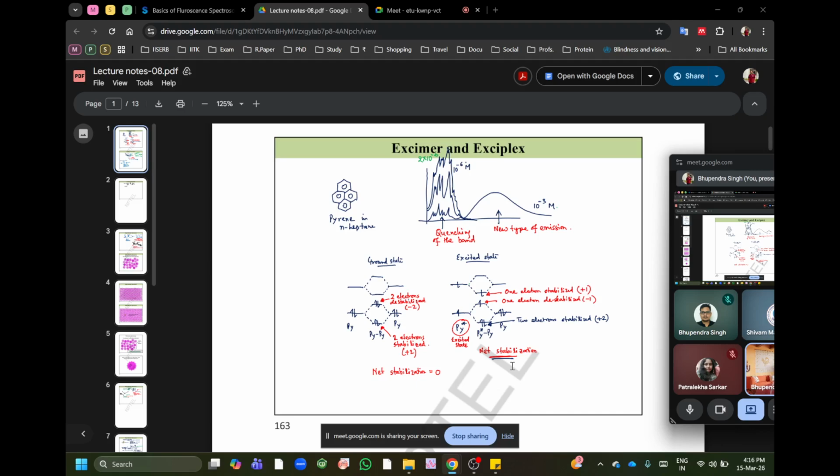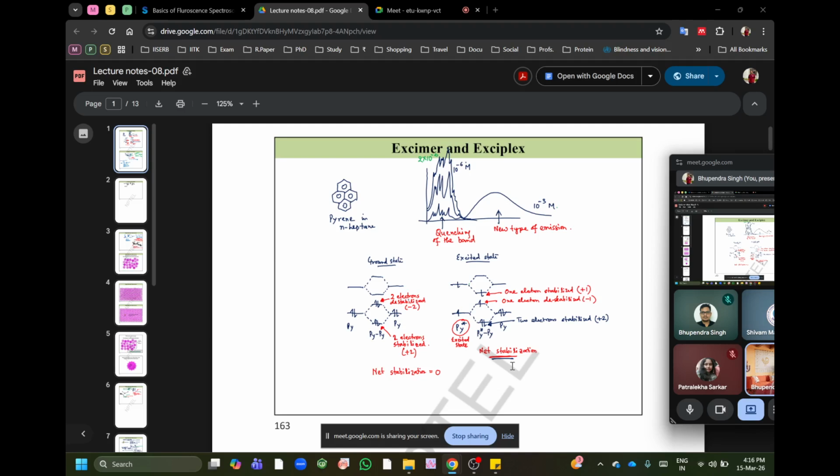Okay. And obviously, both of them are forming, net stabilization is there. So compared to the ground state, the energy of the excited state dimer will be low, because net stabilization is there compared to your ground state pyrene.